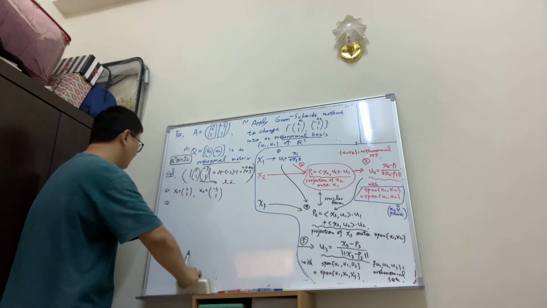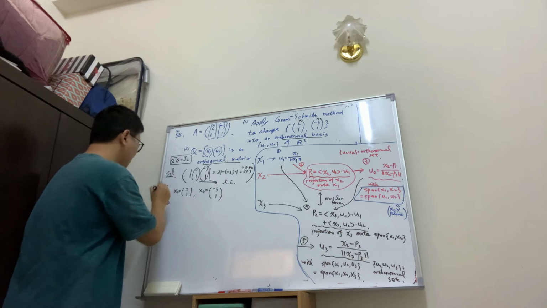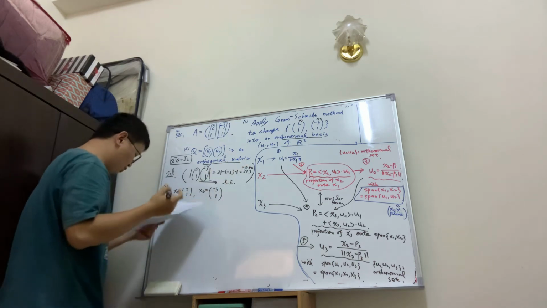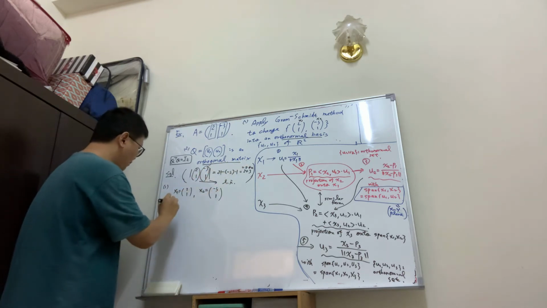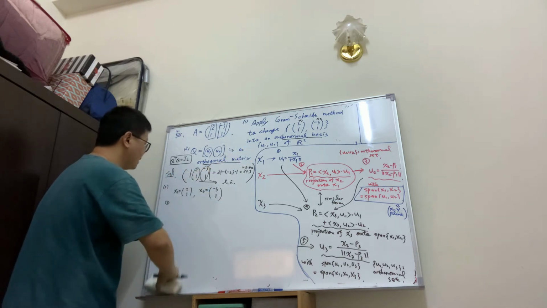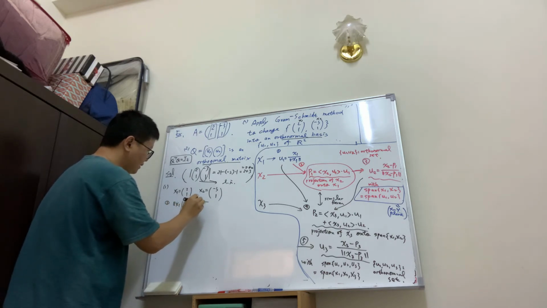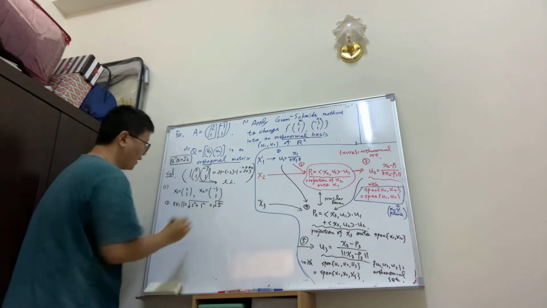We have 3 steps. It's our first question. The first step, our U1 is S1 divided by its length. So we should figure out its length. Its length equals the square root of the sum of the squares, square root of 5.